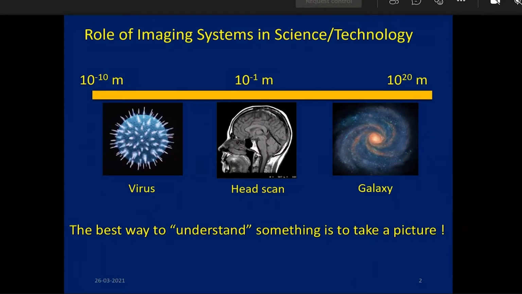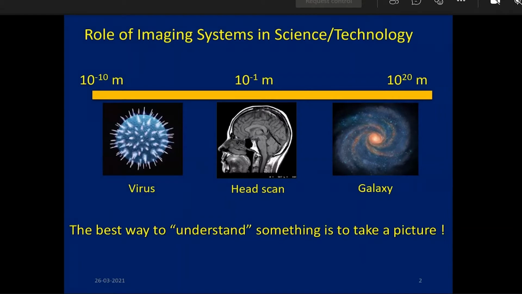But the point is, anytime we are trying to understand any phenomenon or any object, how it works, the best way to understand something, as we have understood now, is to take a picture of it. Even these pictures that I'm showing here are possible only because some computational imaging systems or imaging systems exist, which allow us to even form these mental pictures.